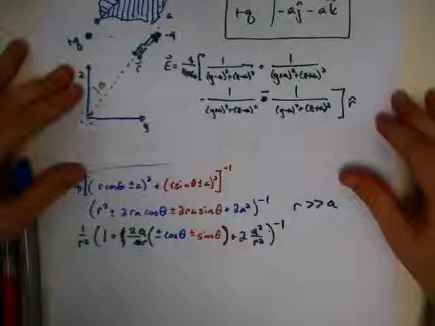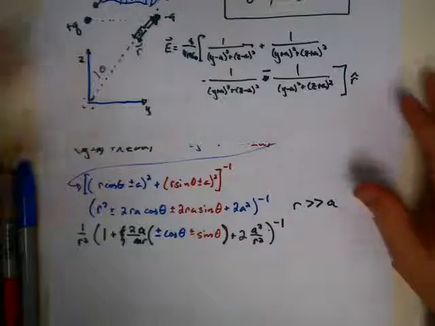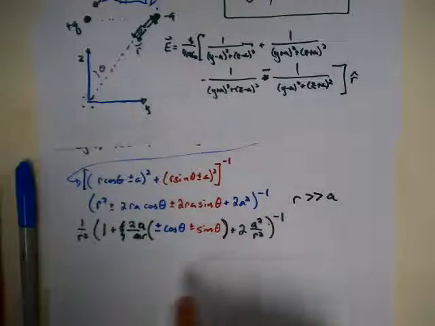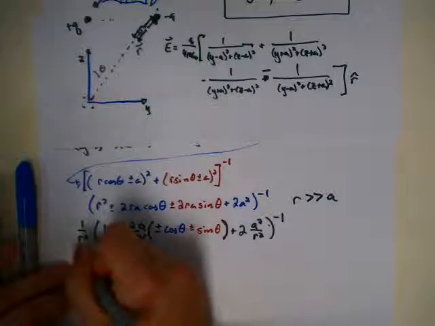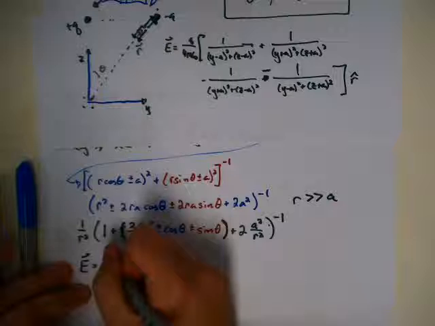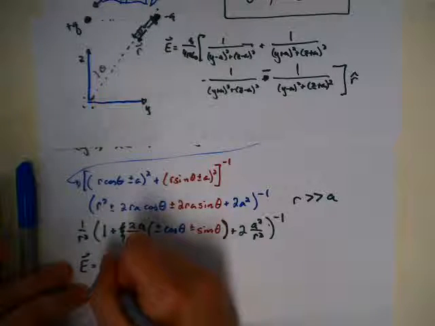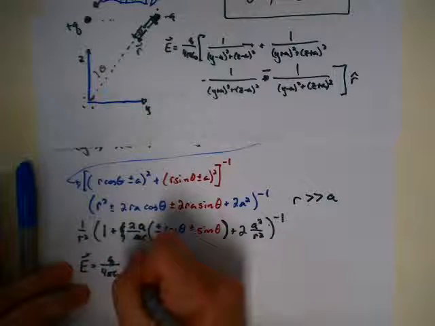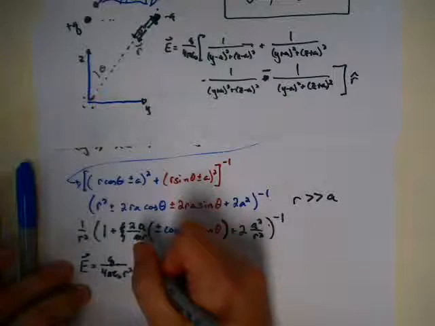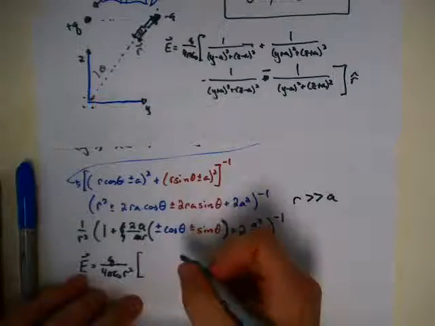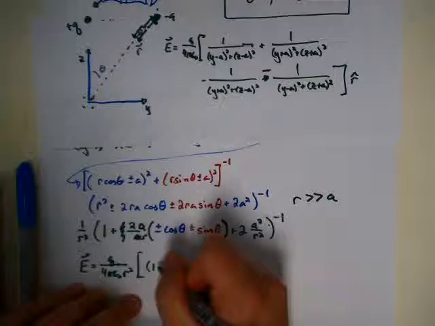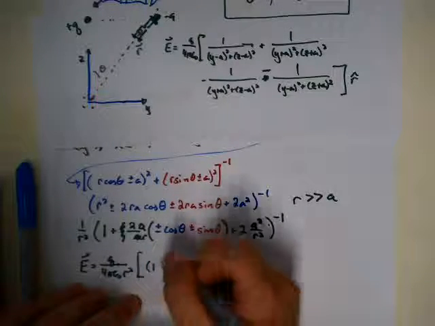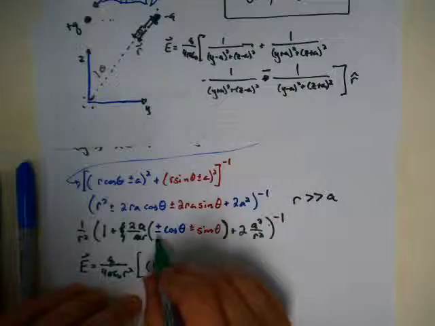So why did I do all of that complex stuff? It's because now I'm going to take this expression and replace that with the electric field. So the electric field is going to be q over 4 pi epsilon naught r squared. We're factoring out this r squared. And then I'm going to write down what I have. I'm going to have 1, let's see, I have minus minus, so I'm going to get minus both.